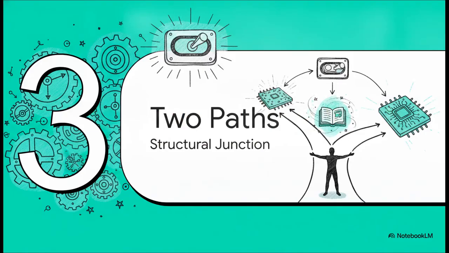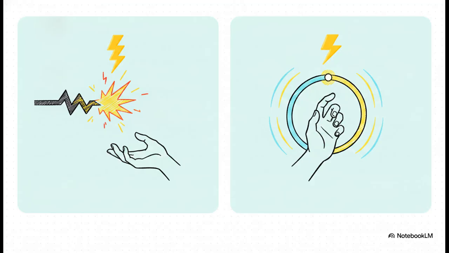Moving on to Section 3, 2 topological paths. Once that switch is flipped, you hit a structural junction. And it's perfectly binary. On one side, you have 241, and on the other, 6163. Now, we've got to be clear. Kafir and Muslim in this context are absolutely not moral judgments. Not at all.